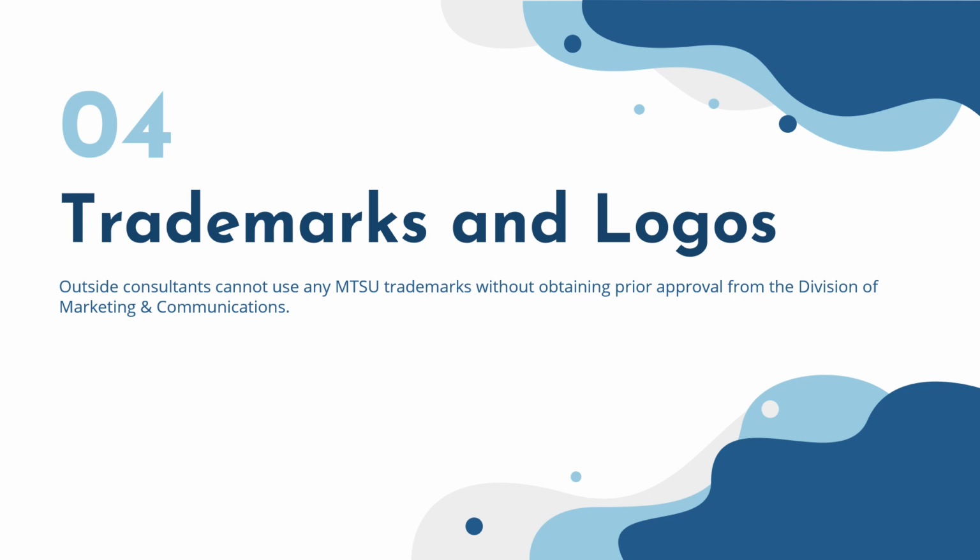Those are things that you would want to send to me, Jackie Victory, and I will work on your behalf with the Division of Marketing and Communications to seek approval. But an outside consultant cannot use these things without getting permission. So that would be another thing that would be important for you all to know.